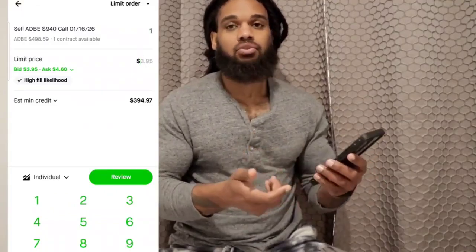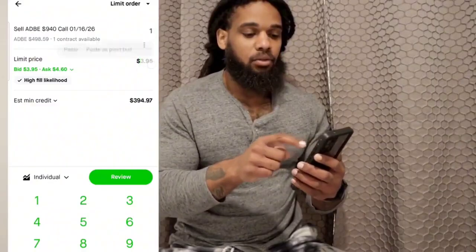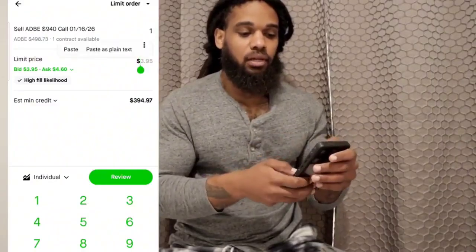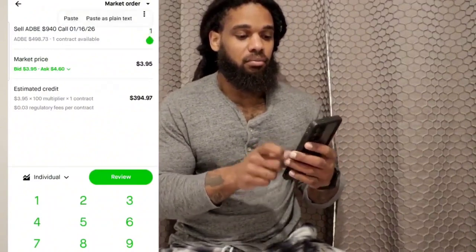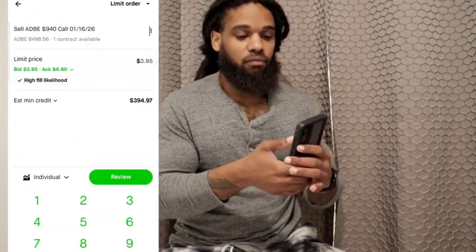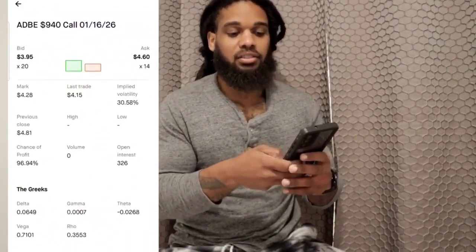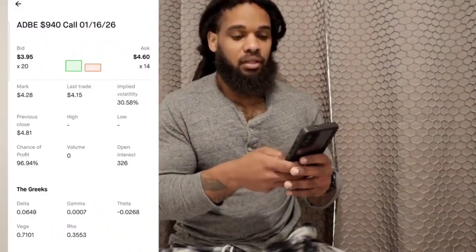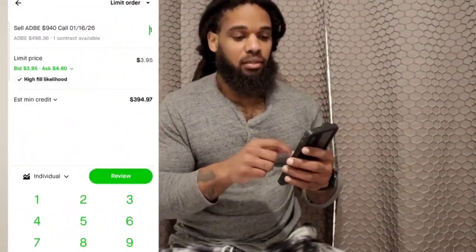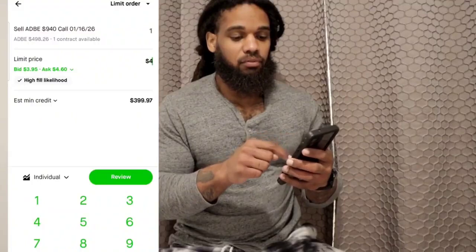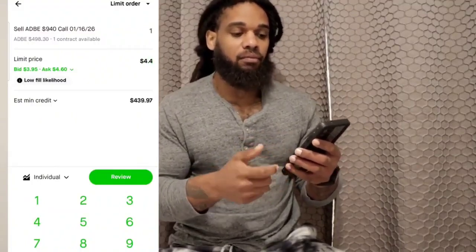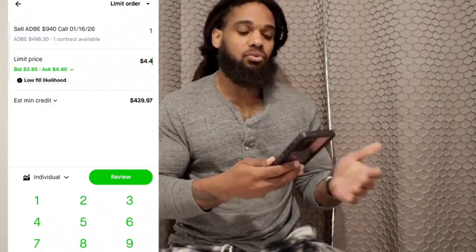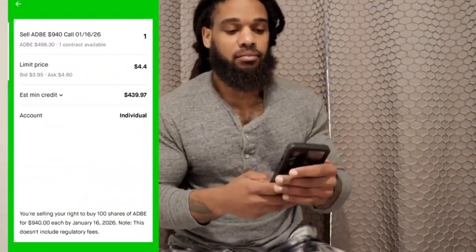If you're doing limit order, you could put the price that you want to sell it at, say 440 because you want a higher chance of getting filled. Once you put 440, you press review and swipe up, and if somebody decides to get that price, then you automatically get filled.